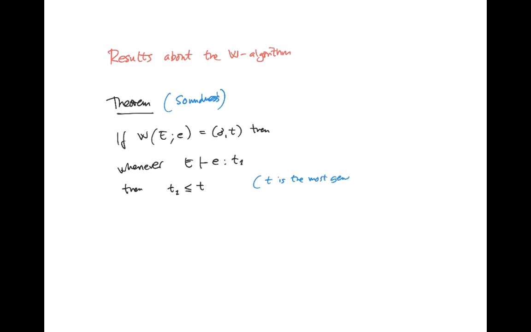So the soundness result says that if we can find a type with the algorithm, it is indeed the most general type that E can have. It's what we call the principal type.